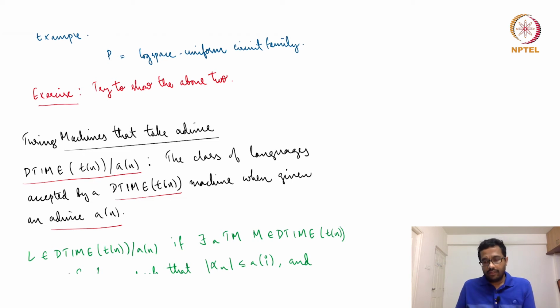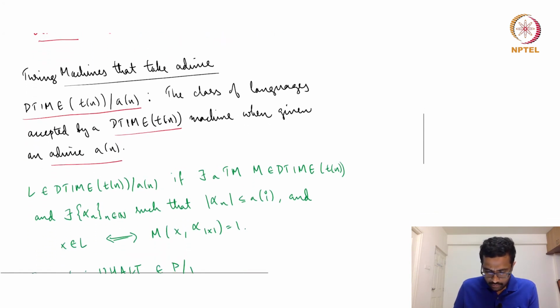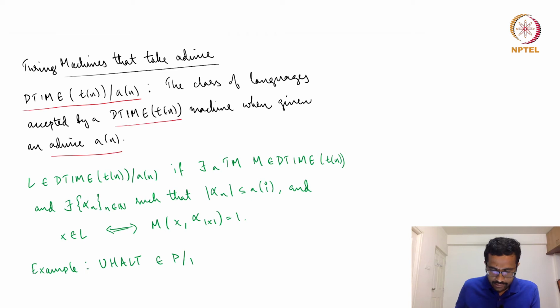So to be more formal, L is in DTIME(T(n))/a(n) if there is a deterministic Turing machine M that runs in time T(n), and it gets as input, in addition to the actual input, an alpha n string, where alpha n is of length at most a(n).